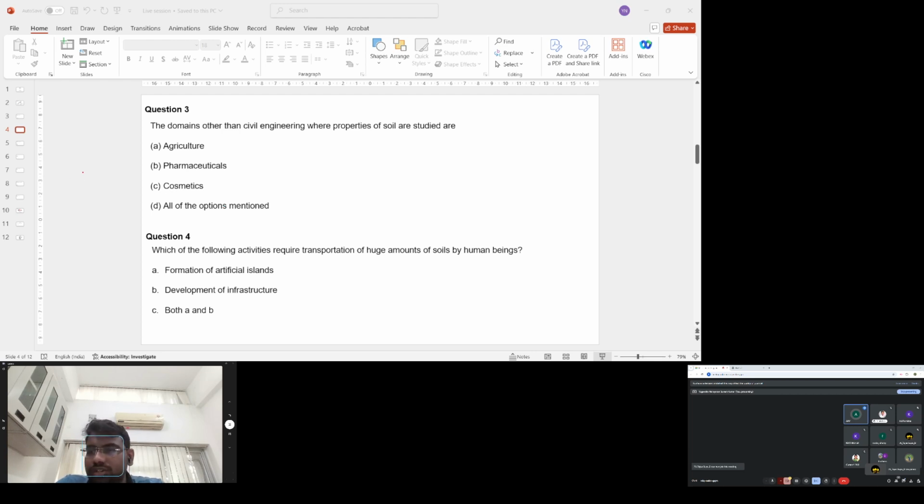So that is obviously an option. And development of infrastructure is a no-brainer. It directly comes under the umbrella of this question, as it requires transportation of huge amounts of soil by human beings.